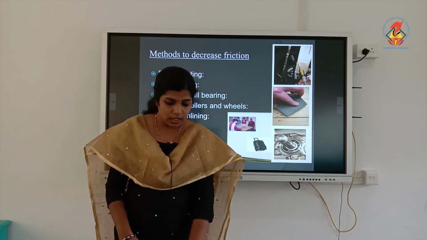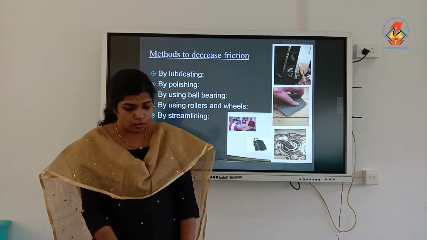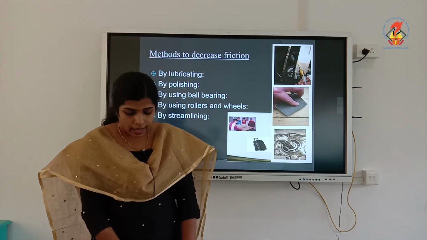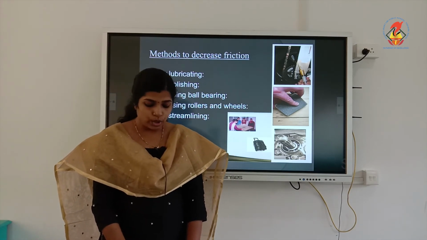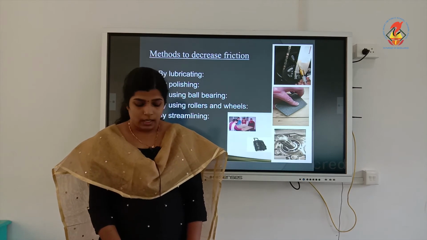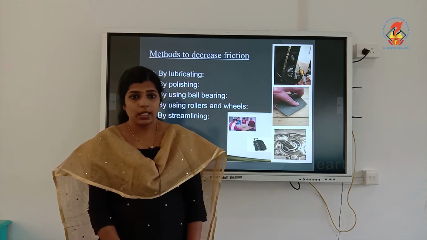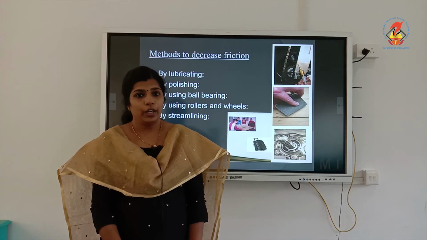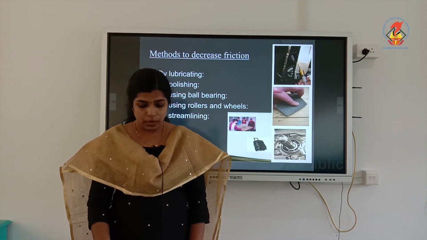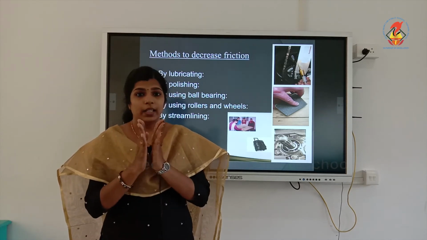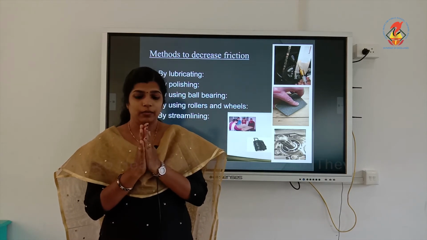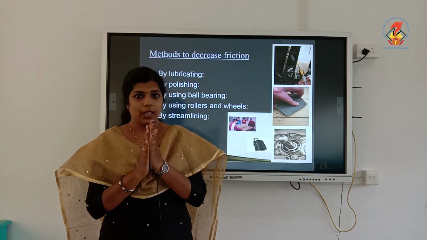In some machines, it is not advisable to use oil as a lubricant. In that case, an air cushion between the moving parts can often be used to reduce friction. When you apply grease or oil on our hand, we feel it is very slippery, isn't it?